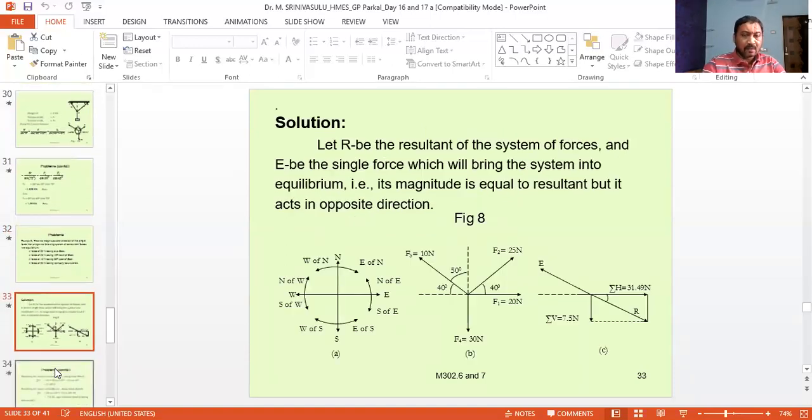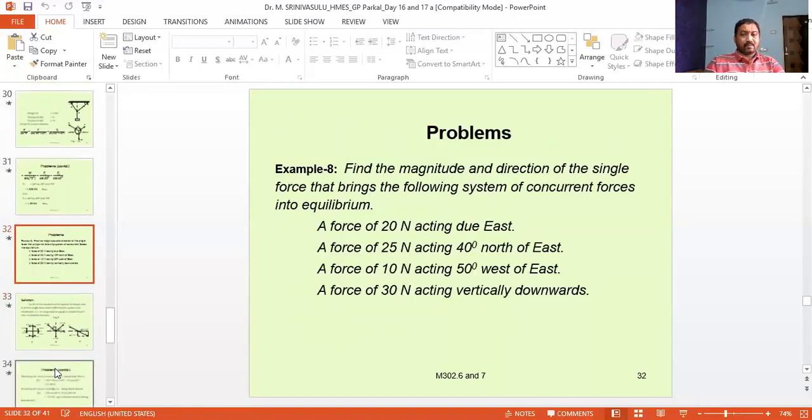So these are the four forces given, and here what they want us to find is the magnitude and direction of a single force that brings the following system of concurrent forces into equilibrium. That means not the resultant.